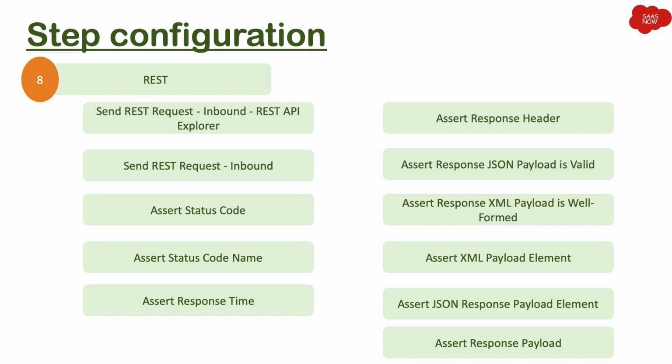Apart from that, we have other steps: send REST request inbound, assert status code name, assert response time, assert response header, assert response JSON payload is valid, assert response XML payload is well formed, assert XML payload element, assert JSON response payload element, and last, assert response payload.